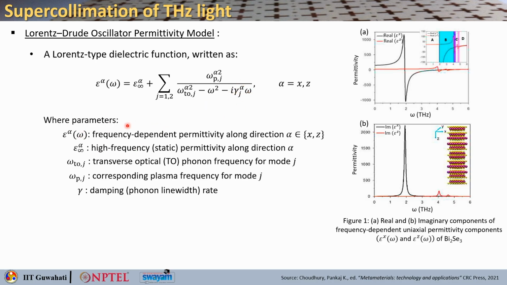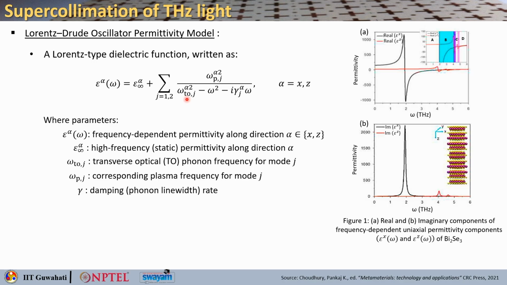So, what are these parameters? So, this basically tells you the frequency dependent permittivity along the direction x or z. Epsilon infinity alpha tells you about the high frequency static permittivity along direction alpha, okay. Omega toj is basically the transverse optical phonon, okay. So, TO is standing for transverse optical, this is the phonon frequency of mode j, okay.